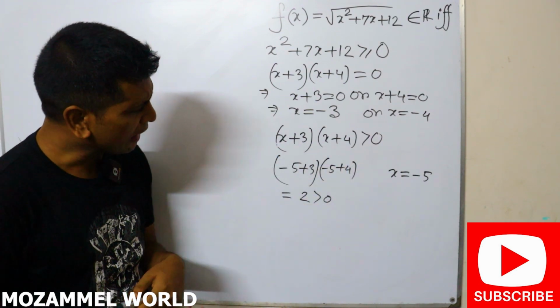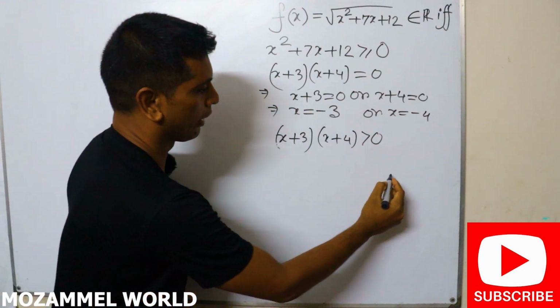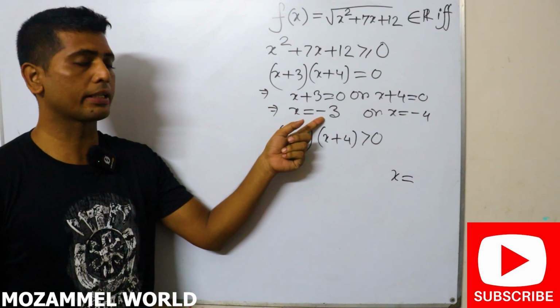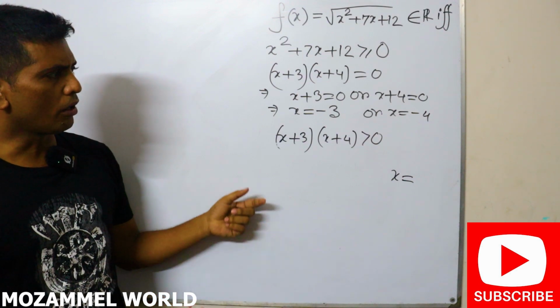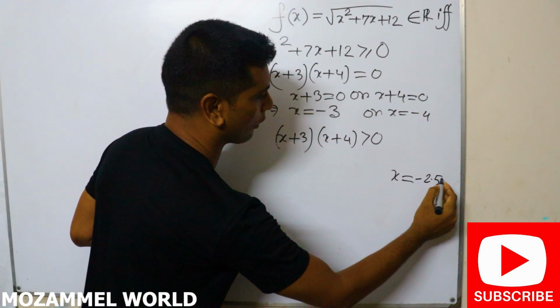Okay, another example. I'm going to put a value greater than minus 3, for example minus 2.5.